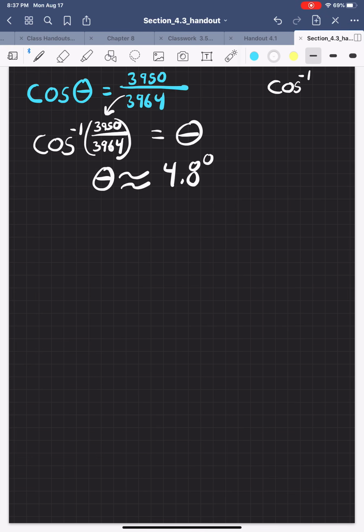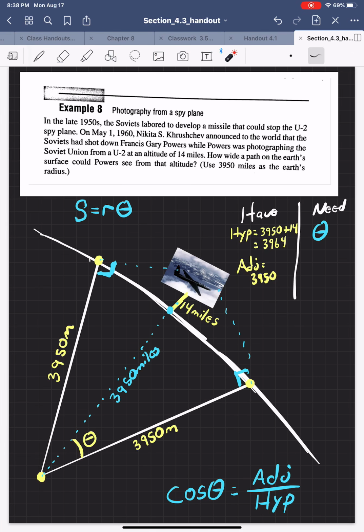Now I'm going to go back to the previous page. So the question is, is 4.8 degrees the viewing angle? Well, this is 4.8 degrees right here.